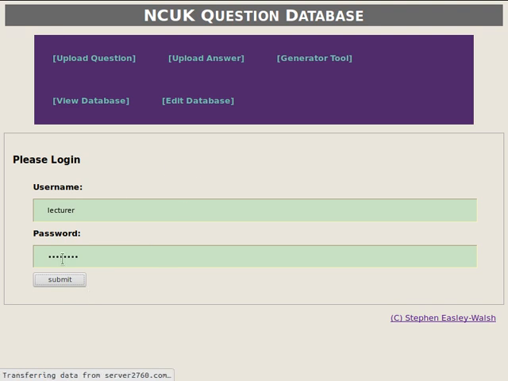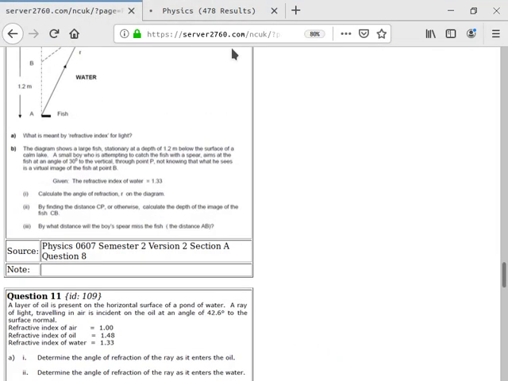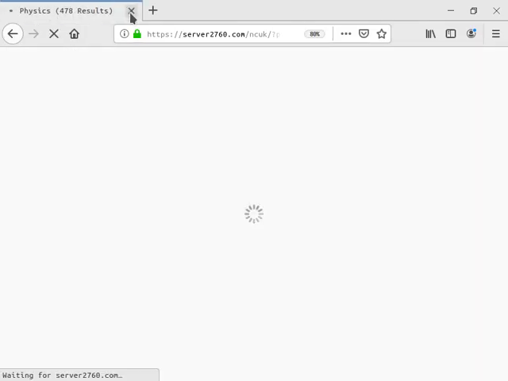Okay, let me just. Wow, I've gone slow. My processor is working hard to load the page.